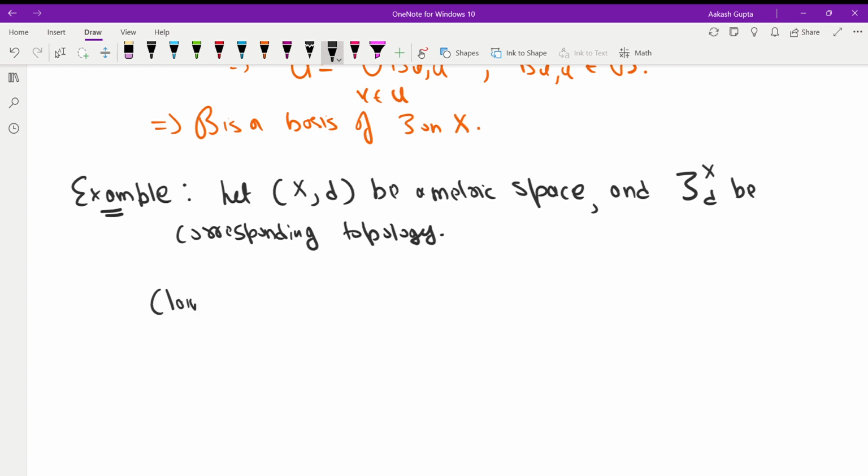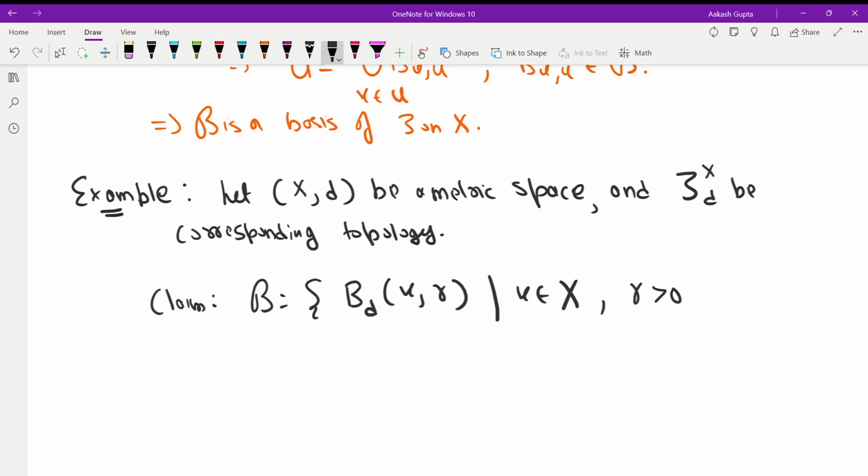Claim: script B, if you take sets like this, the open ball B(x, r) centered at x with radius r, where this x is in capital X and this r is bigger than 0, r in R, which is bigger than 0.